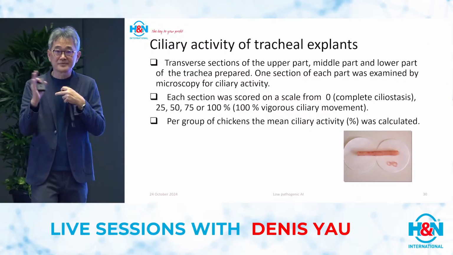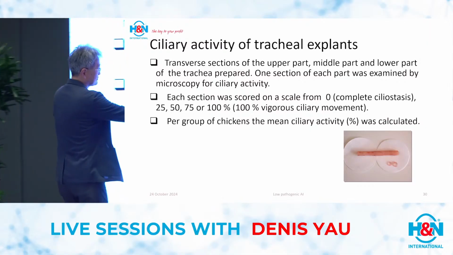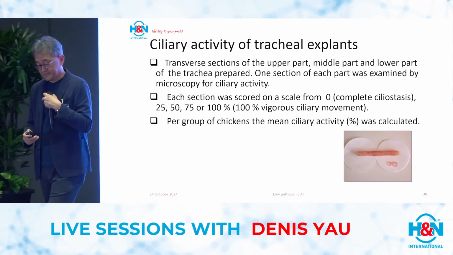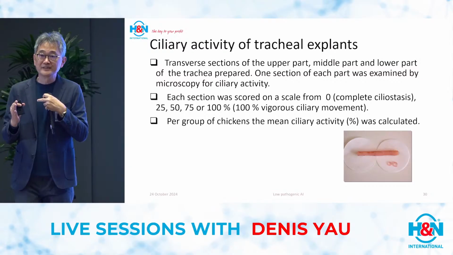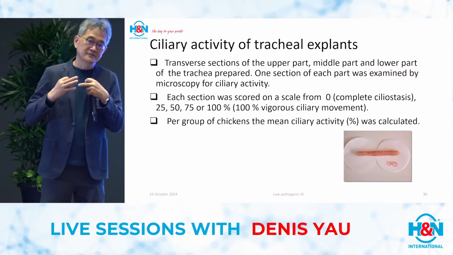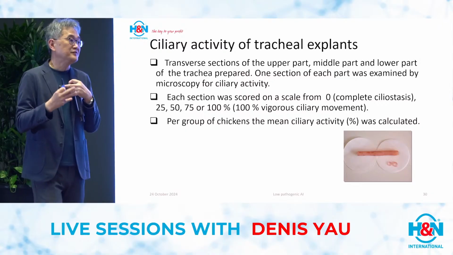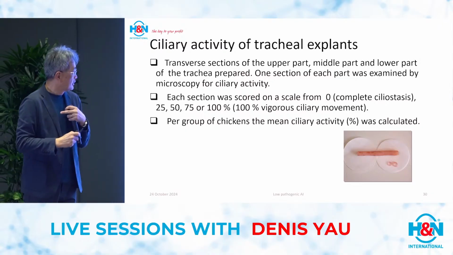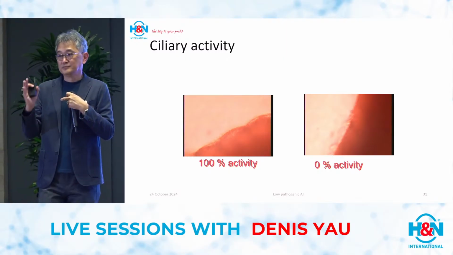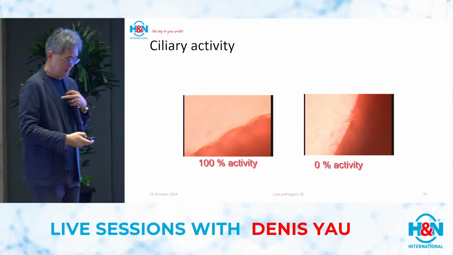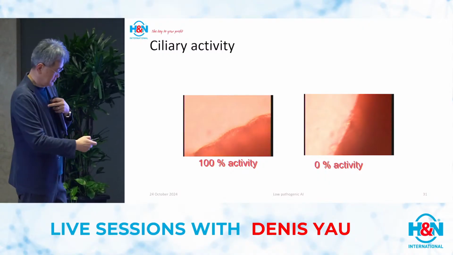If they are moving, there is 100% cilia movement. If not, then they have less. The less movement means they have damage. They are more susceptible to secondary infections. Sorry, I don't want to share this one.